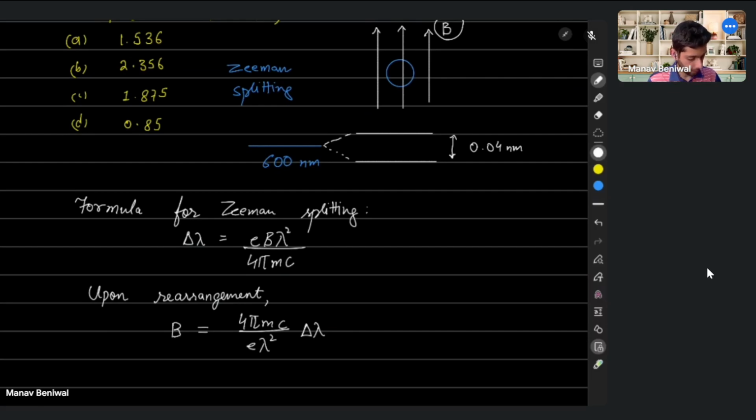So M is mass of electron, which is 9.11 into 10 to the power minus 31 kg. C is speed of light.